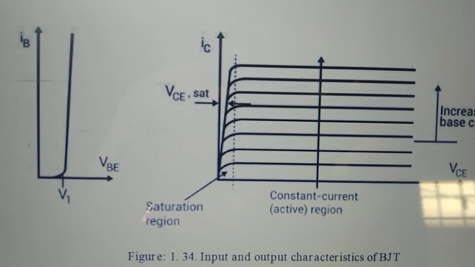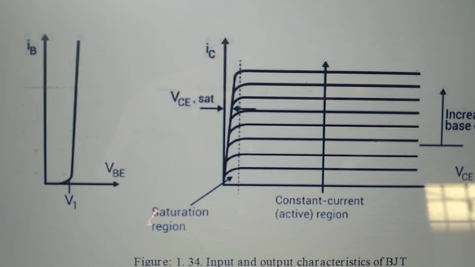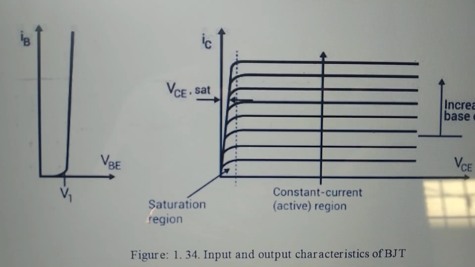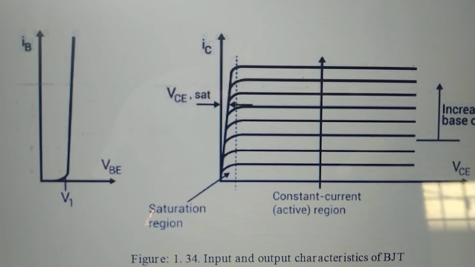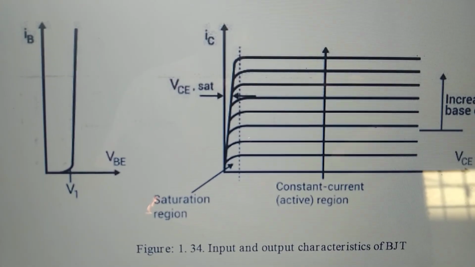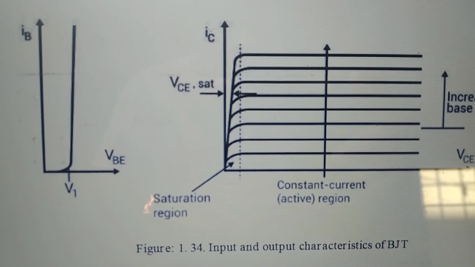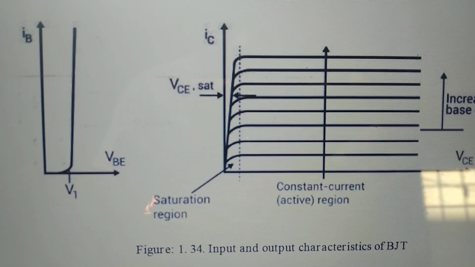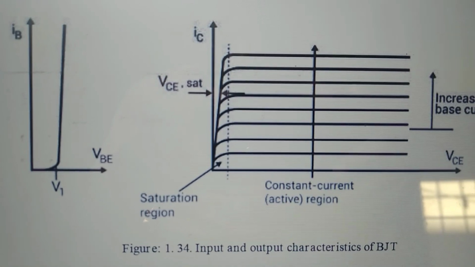So generally it is a semiconductor device but highly doped one. The same operation is going on when we apply the DC voltages across the two regions. The input region, we can say, when you apply the voltage across base and emitter, and the output region, when you apply the voltage across collector and emitter.